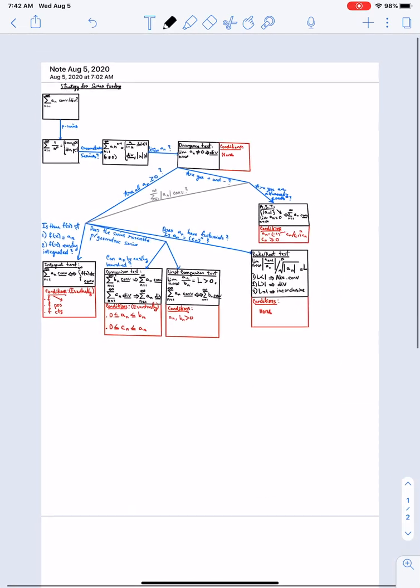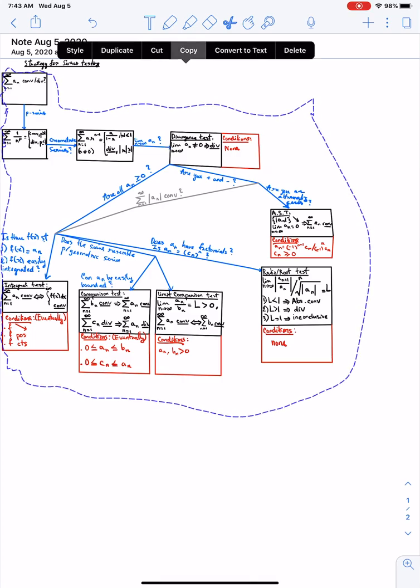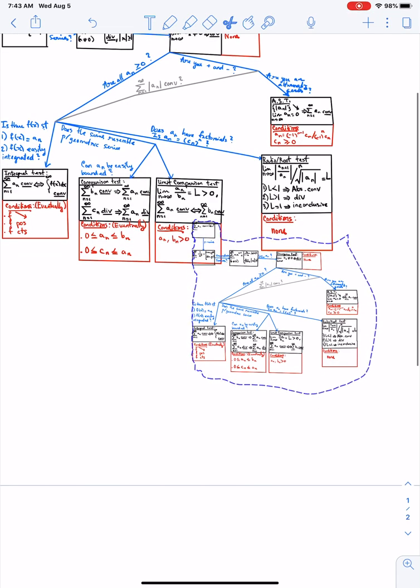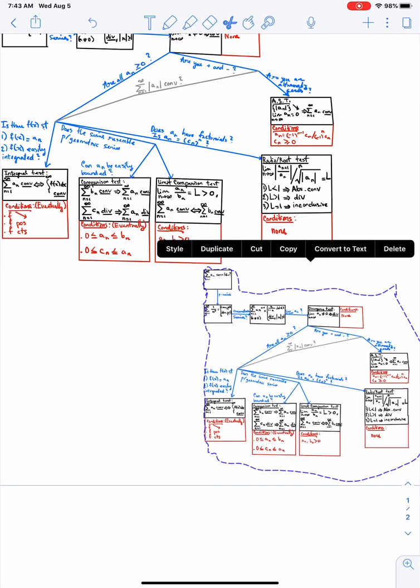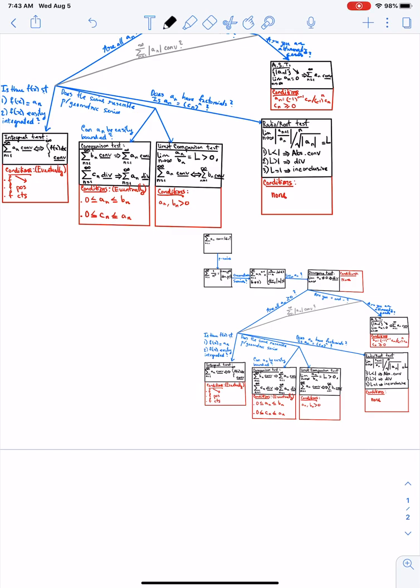Let me copy this thing first. So we're just going to follow through this flowchart here. I'm going to go through every possible leaf that can happen. All right, so example 1.